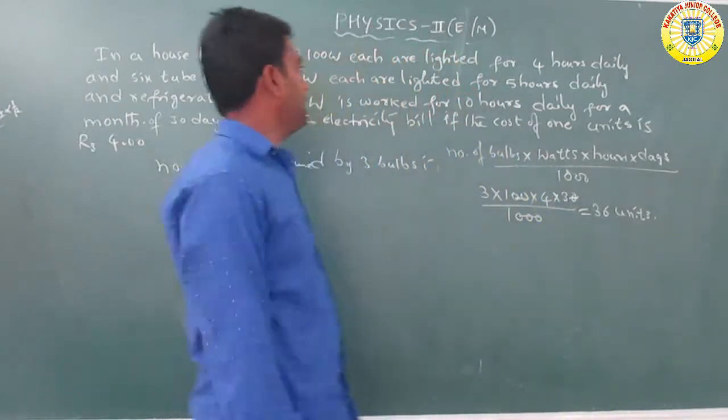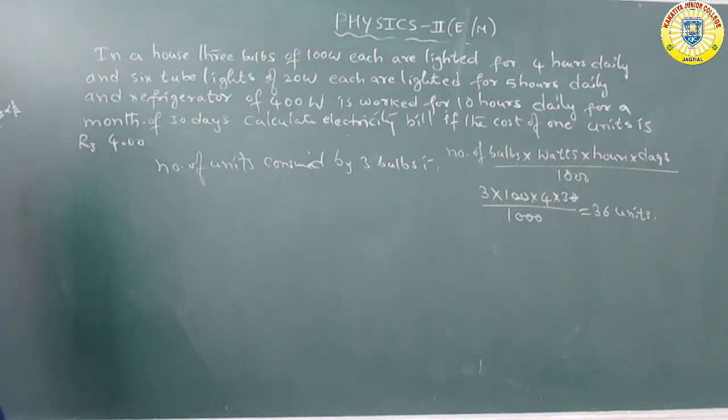Okay. Now in the second case, the 6 tube lights of 20 watts each are lighted for 5 hours daily.